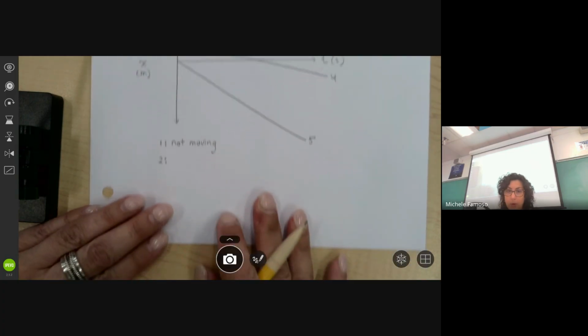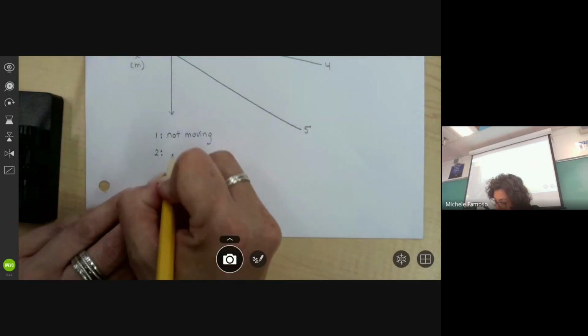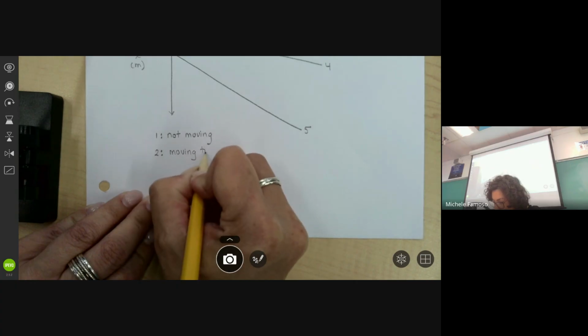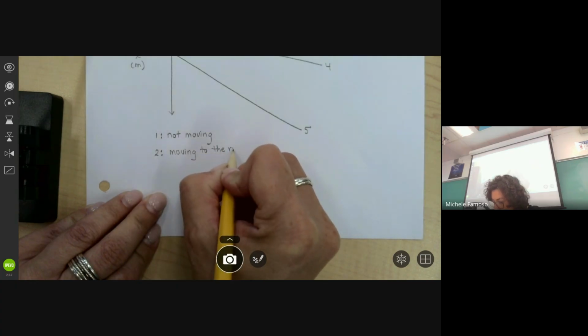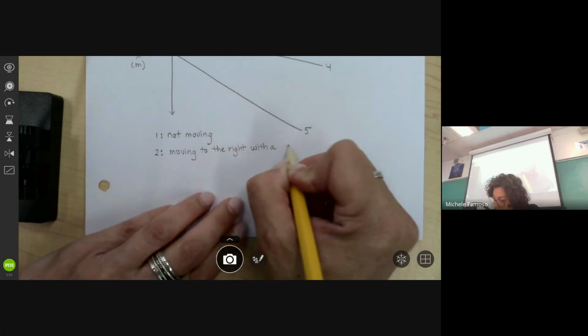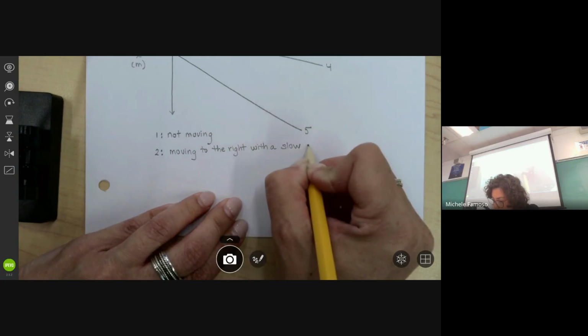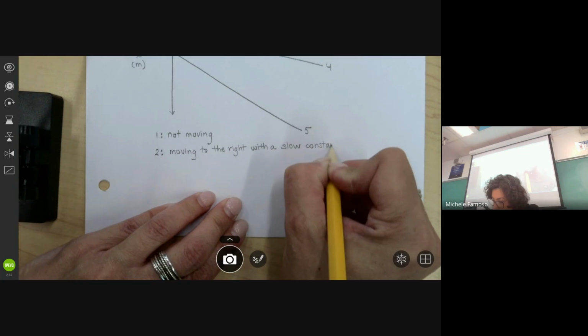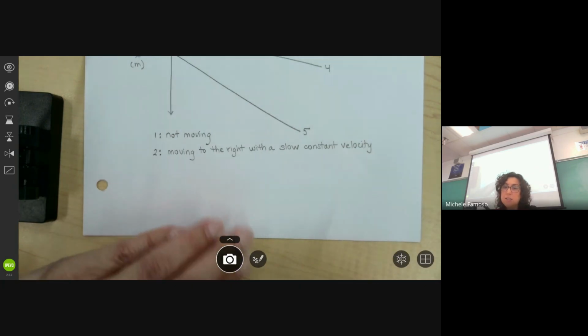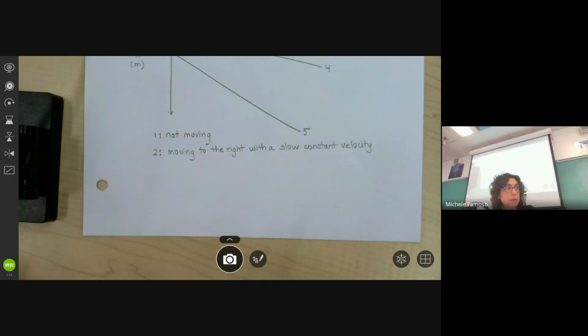Okay, so the way we would describe the motion of object 2 is it's moving to the right with a slow, constant velocity. I know that the velocity is constant because I have a line. If I don't have a line, then the velocity isn't constant, but that's not this unit. Everything we see right now is going to be a line.